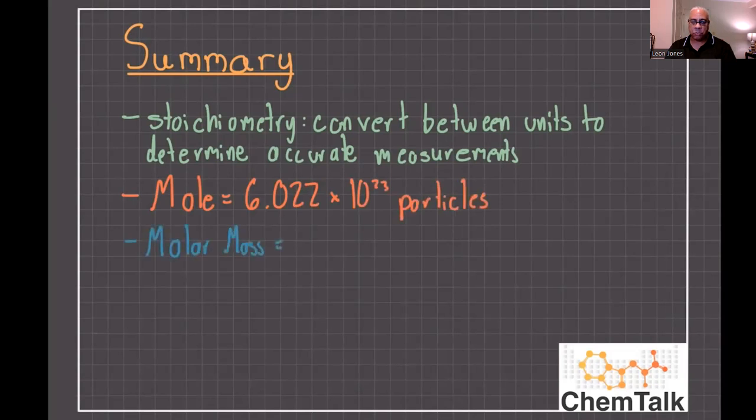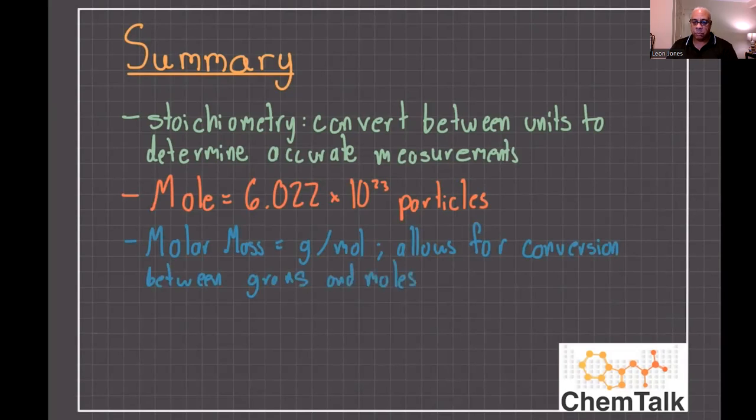Additionally, we learned that the molar mass is available on the periodic table, and it is grams per mole, and it allows us to convert between grams and moles fluidly for every element. Finally, we learned that we must cross off units to achieve our desired unit result.